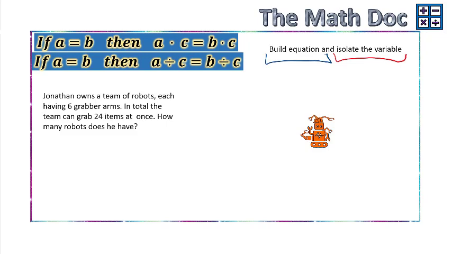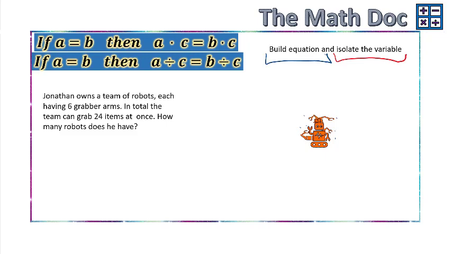So here's the problem. Jonathan owns a team of robots, each having 6 grabber arms. Okay, 1, 2, 3, 4, 5, 6. In total, the team of robots can grab 24 items at once. How many robots does he have?